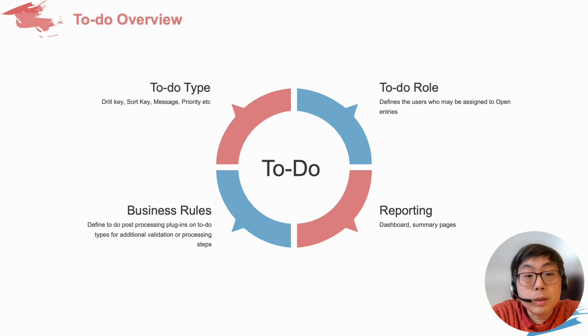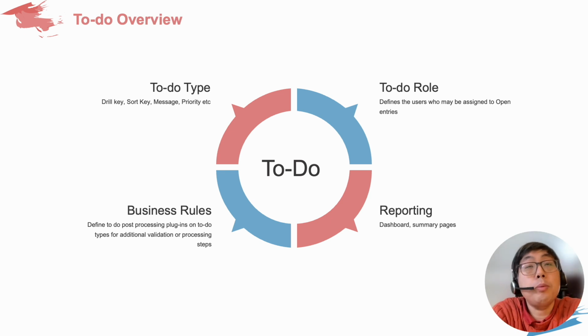raised in the system. I break it down to To Do types, To Do roles, business rules, and reporting. So first of all, if you look at the To Do, it's actually defined by the To Do type.